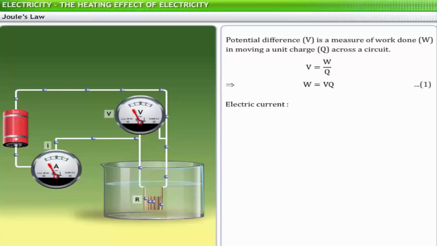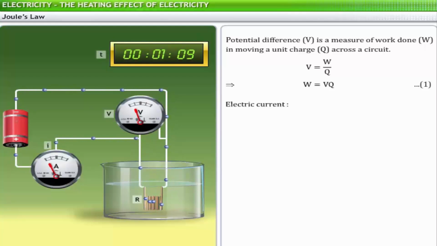The amount of electric charge passing through a circuit is the product of the electric current and the time of flow. From this, we get equation 2: I is equal to Q divided by T, or Q is equal to IT.